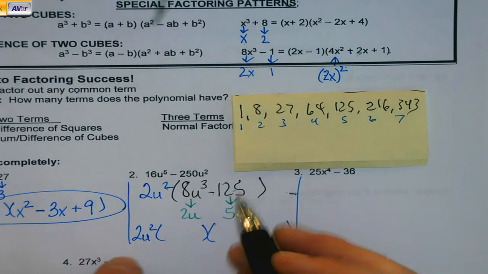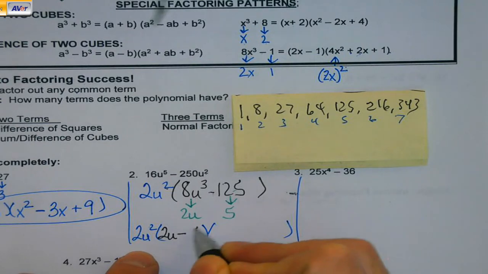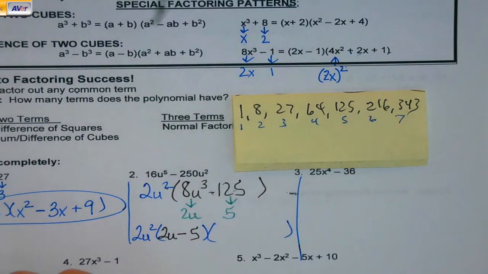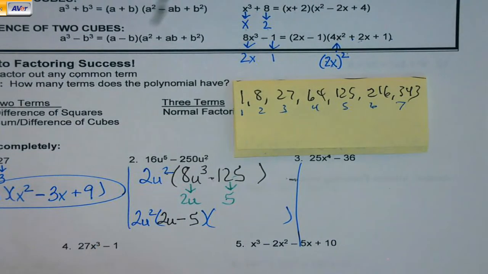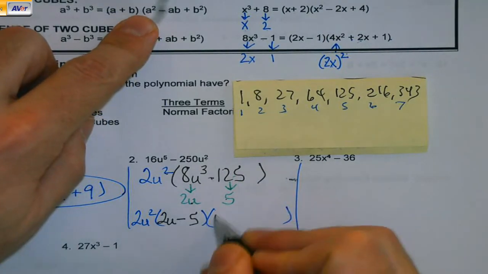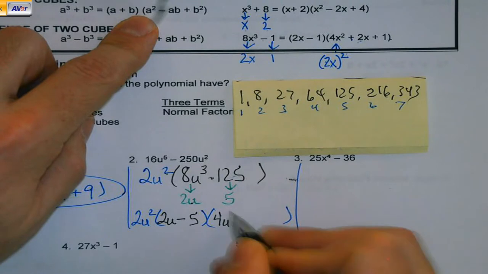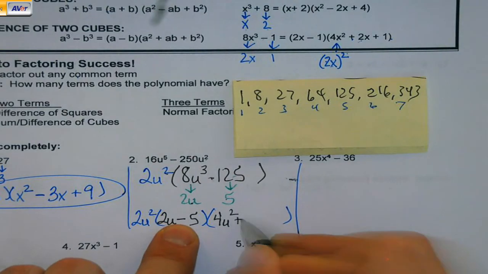So how's this work again? Okay, it's first minus second. I just used the sign that's in there. And then the pattern goes square my first term. So 2 squared is 4. u squared is u squared. Switch my sign so it goes to plus.